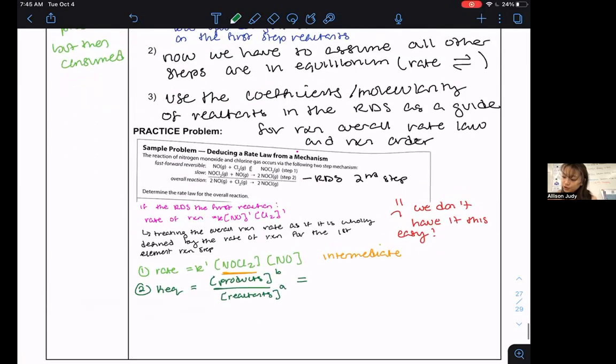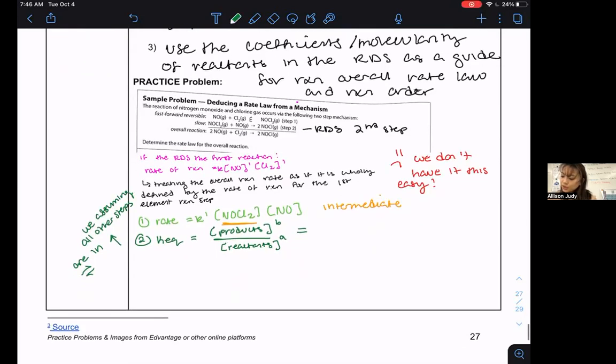That's why we're able to use KEQ, because we are assuming all other steps are in equilibrium. The rate of the forward is equal to the rate of the backward; the rate of producing is equal to the rate of undoing. So there's a constant concentration for your intermediate, and the consuming of the product that you produce, which could itself be another intermediate.